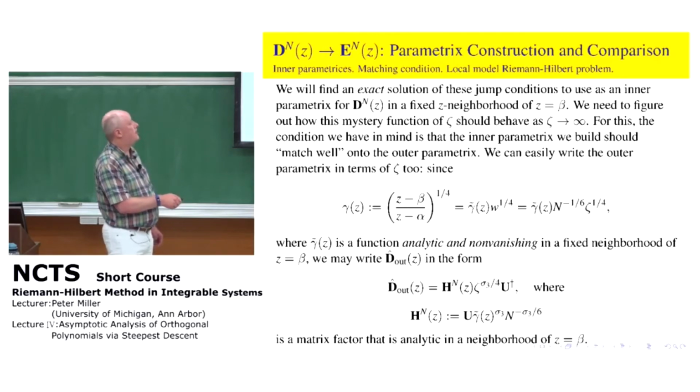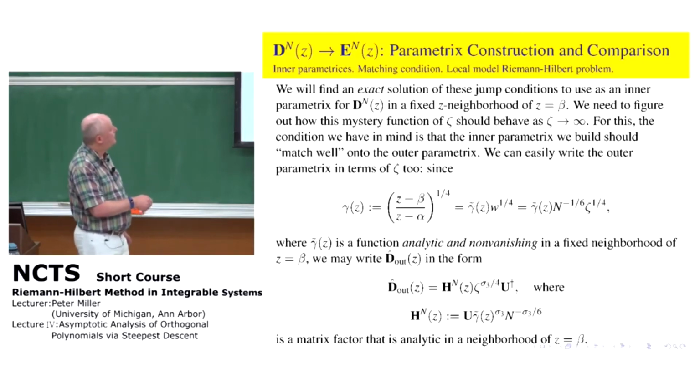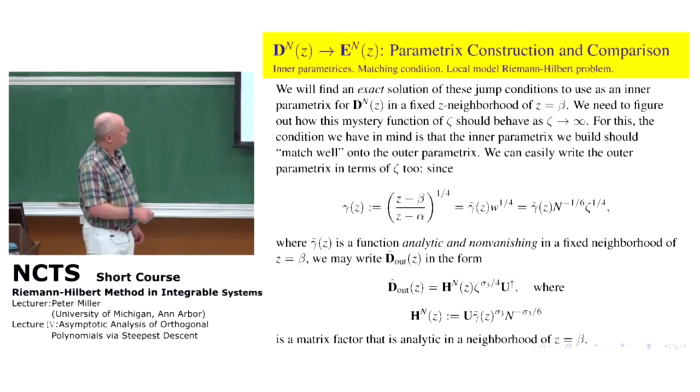Okay, so then what is this? Well, if we write w to the 1/4 in terms of zeta, I'm going to pull out an n to the negative 1/6, that's all, and then I have a zeta to the 1/4. So that means I could write this outer parametrix in a neighborhood of z equals beta in this form: some holomorphic prefactor in the front, times zeta to the sigma 3 over 4, which comes directly from this part right here, times U dagger, where U is our eigenvector matrix that we had before.